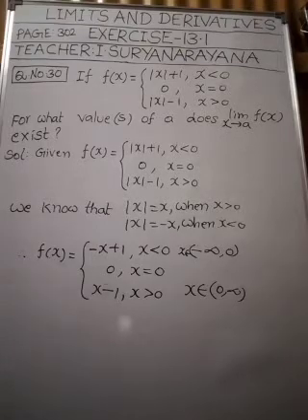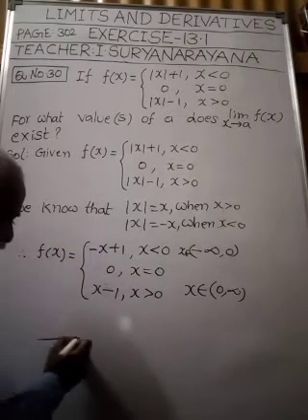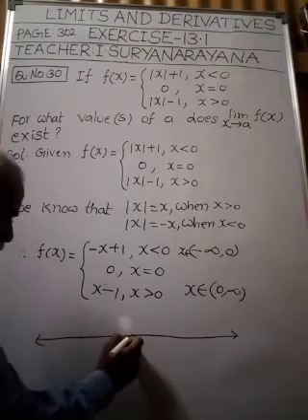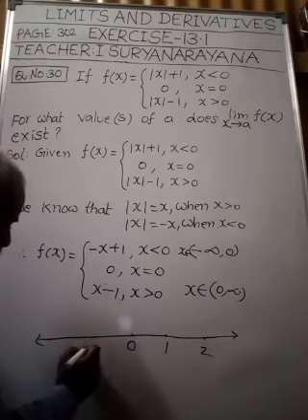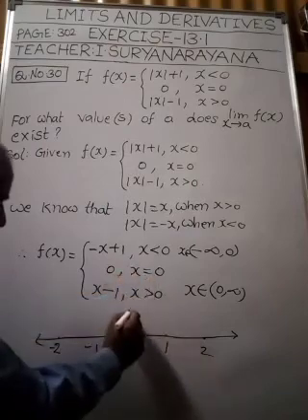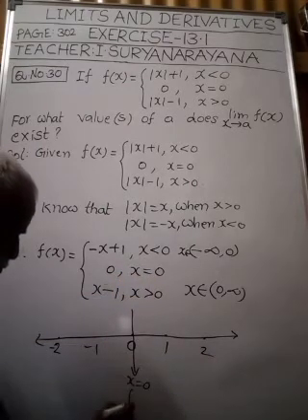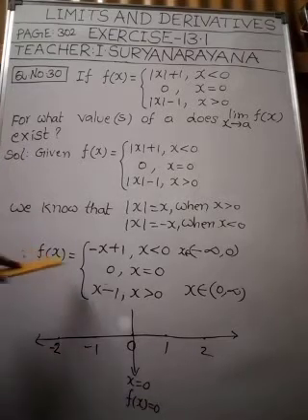Okay, my children, right? Now I am representing this function on the number line. So at x is equal to 0, f of x value is 0.